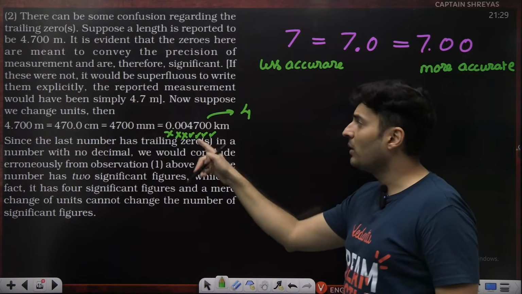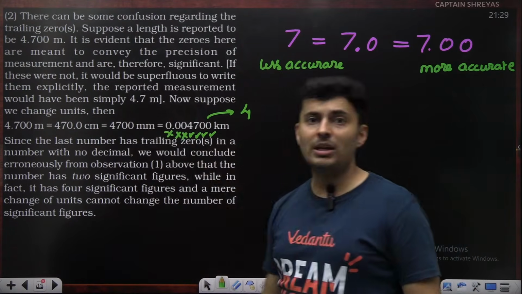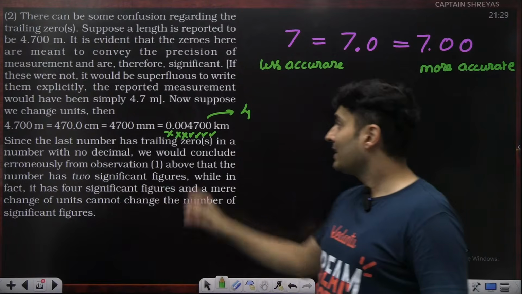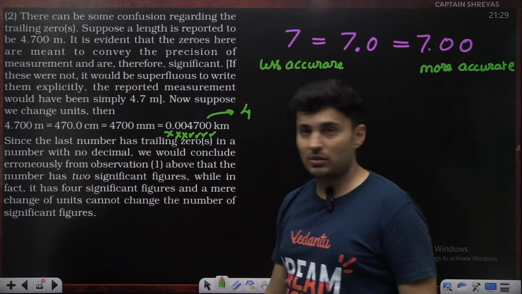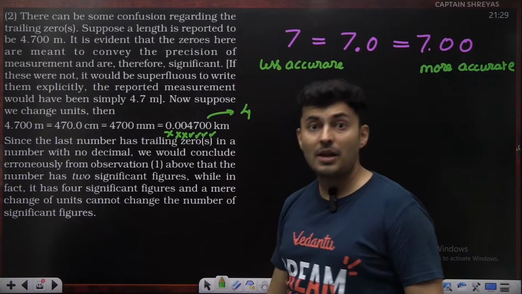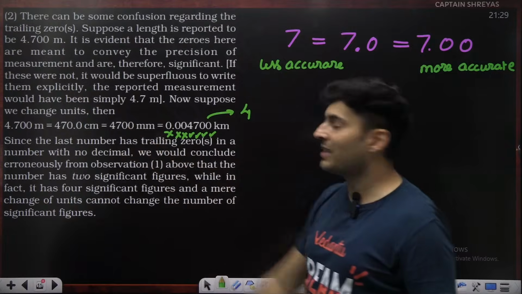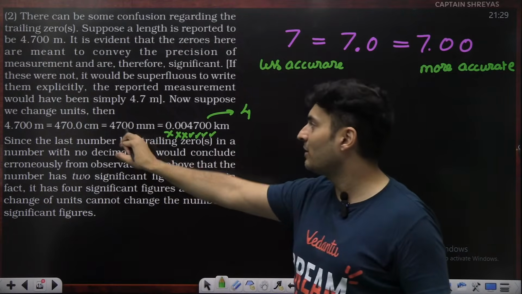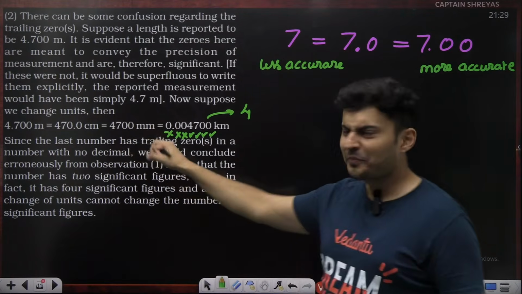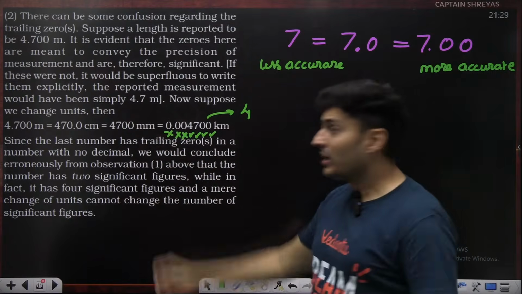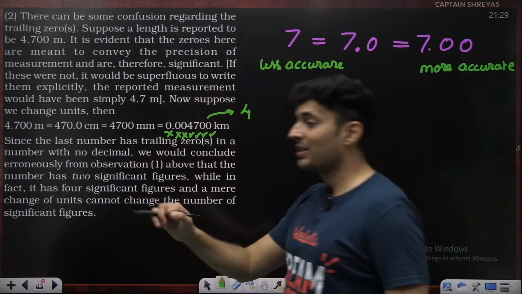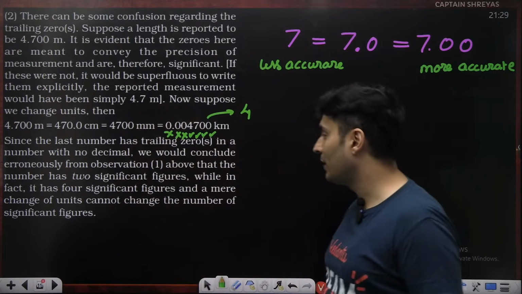So even if you convert this kilometers into millimeters, make sure that you are putting those two zeros. But you might think, wait a minute sir, this has only two significant figures because there is no decimal. No, this number has four significant figures even after the conversion.